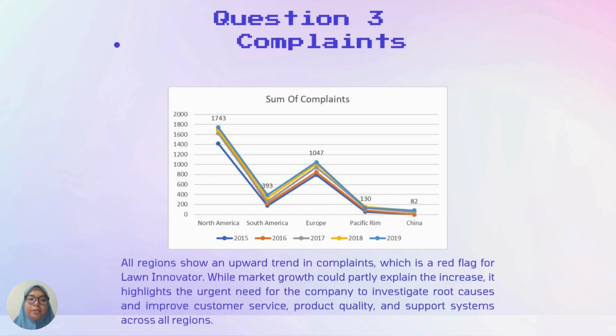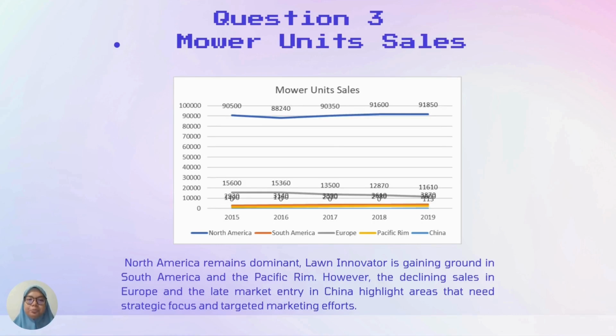For the complaints, all regions show an upward trend in complaints, which is a red flag for Lawn Innovator. While market growth could partly explain the increase, it highlights the urgent need for the company to investigate the root cause and improve customer service, product quality, and support systems across all regions.